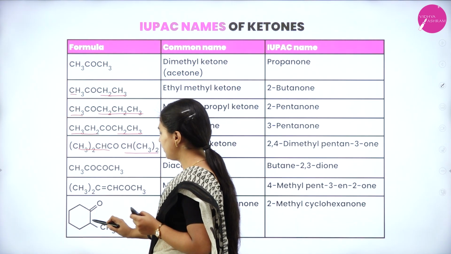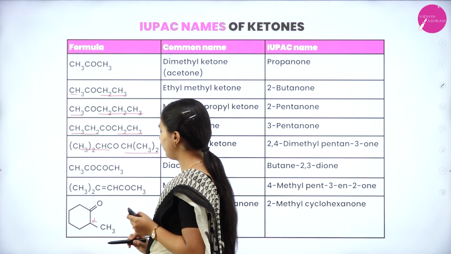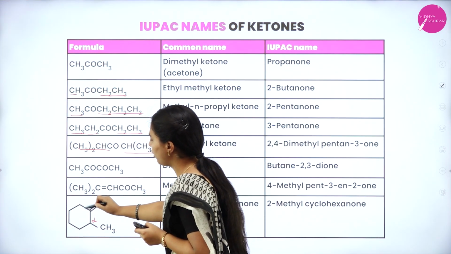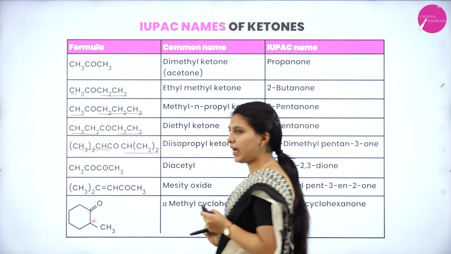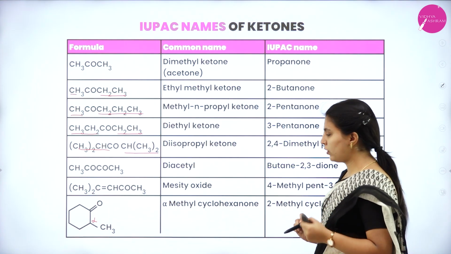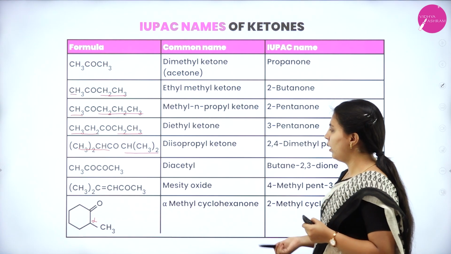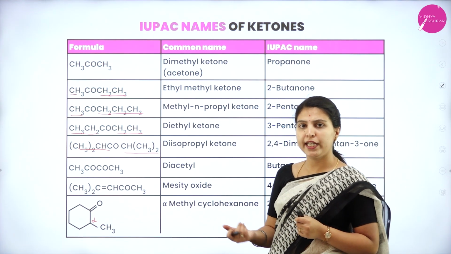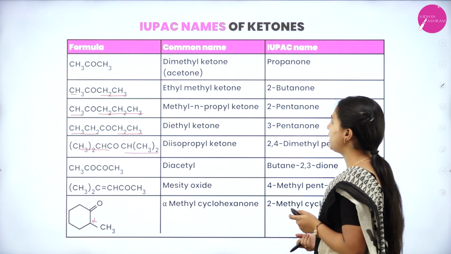For this carbon is attached, so it will become alpha-methylcyclohexanone. For cyclohexane, one is attached, so cyclohexanone. Here 2-methylcyclohexanone. This is how the naming of ketones will be done through IUPAC nomenclature.